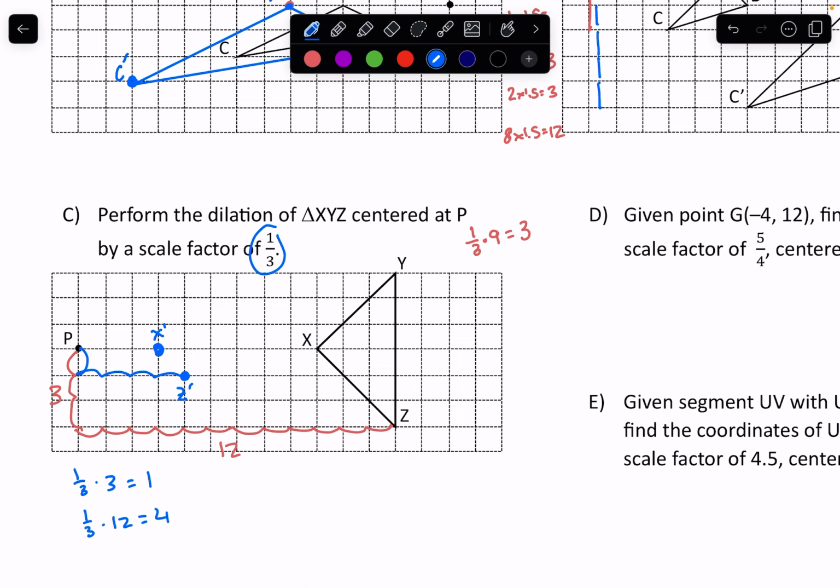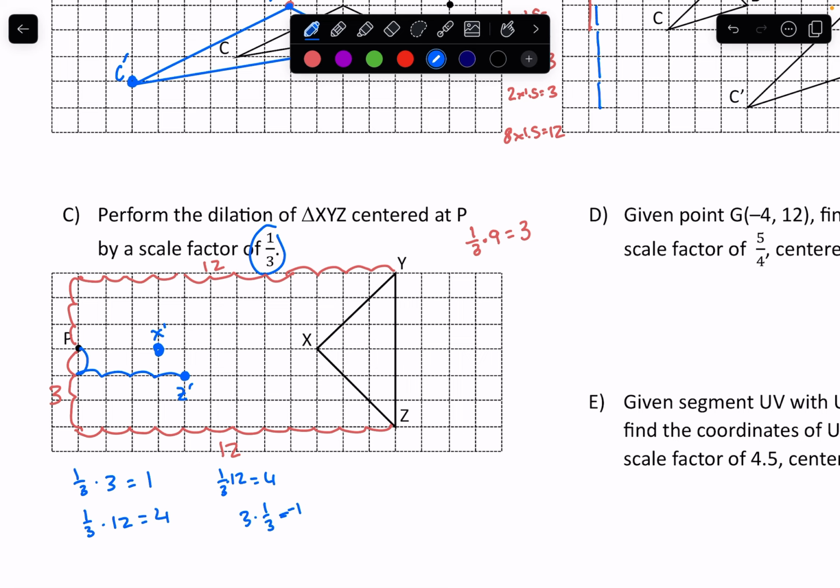Now to get to Y prime, let's look at how I get to Y. To get to Y, I go up 1, 2, 3, just like going down to Z. And I go over 1, 2, 3, 4. I think it's going to be 12, but I'm going to count to be careful. 5, 6, 7, 8, 9, 10, 11, 12. So that is 12, which means it's going to change the same amount as Z. It's going to go 12 times 1/3, which is 4 to the right, and it's going to go 3 times 1/3 up, which is equal to 1.